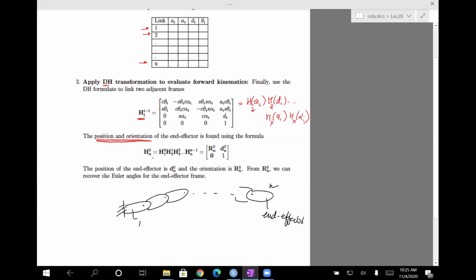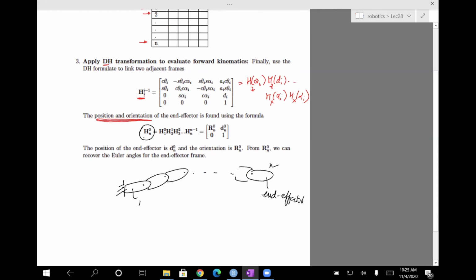Okay, so this basically is a transformation from link n to, well, this is 0. It basically tells you what is the position and orientation of this link with respect to frame 0, or this is the fixed frame.